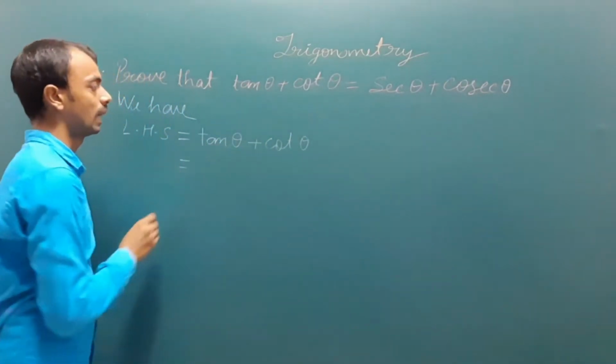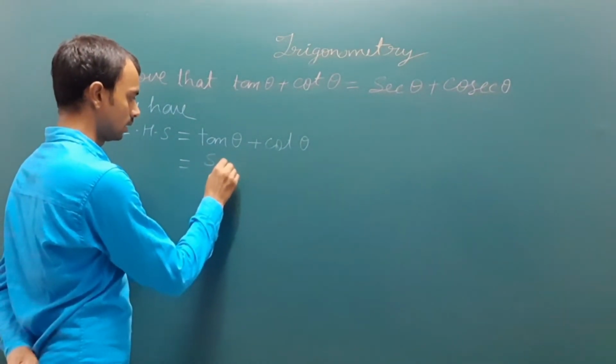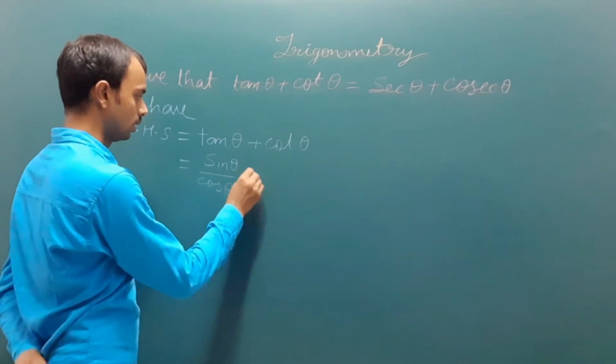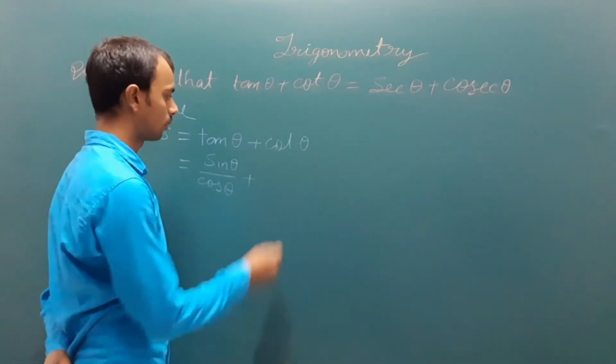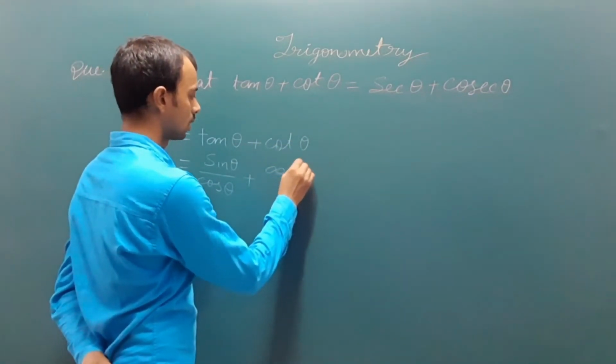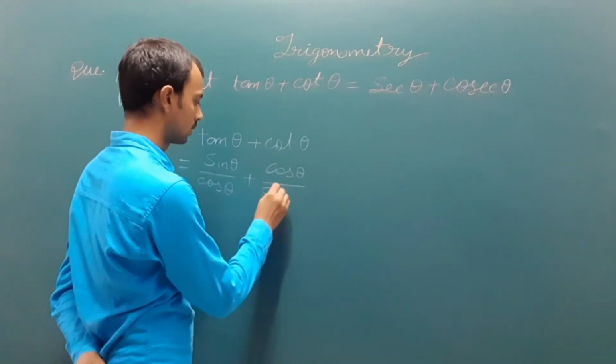At the place of tan theta, we can write sin theta upon cos theta, and at the place of cot theta, we can write cos theta upon sin theta.